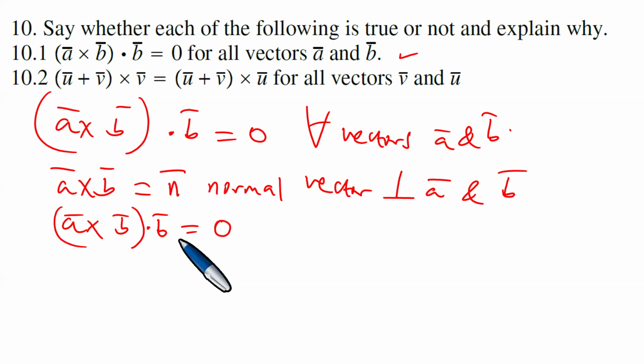The reason for this is simply that orthogonal vectors have a 0 dot product.